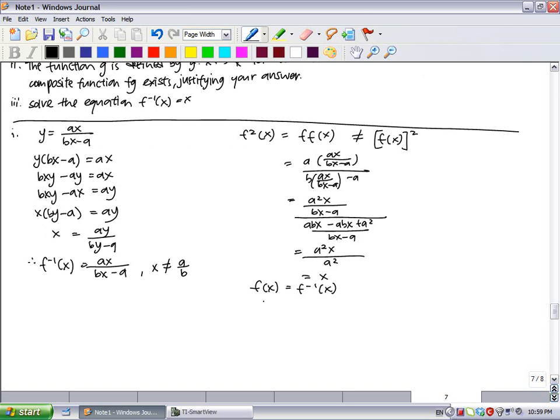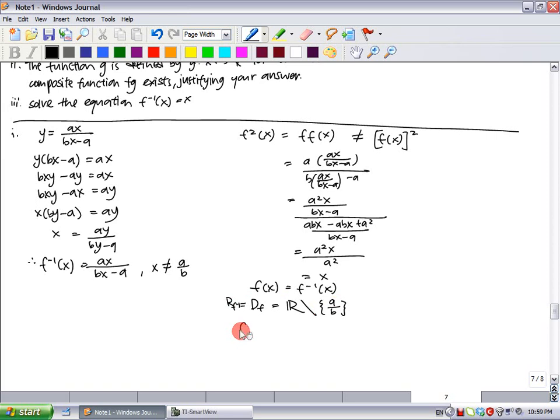I would think that, okay, the domain of f here is actually the set of real numbers without a over b. The domain of f is also going to be the range of f inverse.